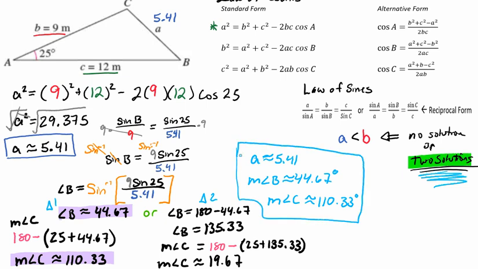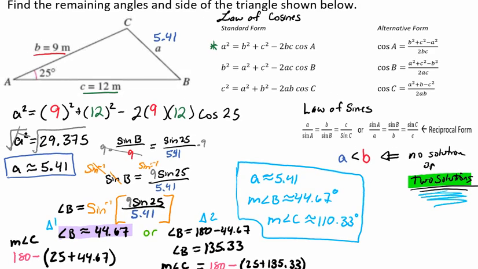Now, if you didn't want to have to worry about having the two different triangles, then what you can do is simply not use the law of sines and only use the law of cosines, whether in the standard form or the alternative form.